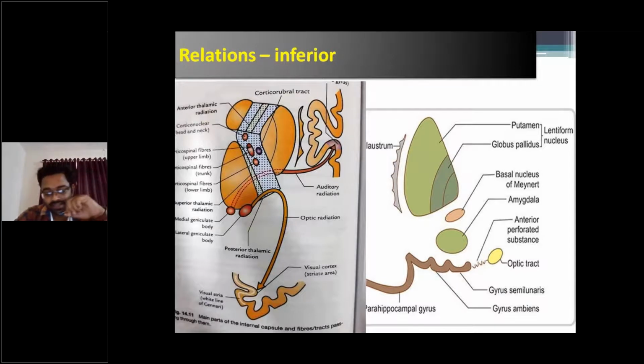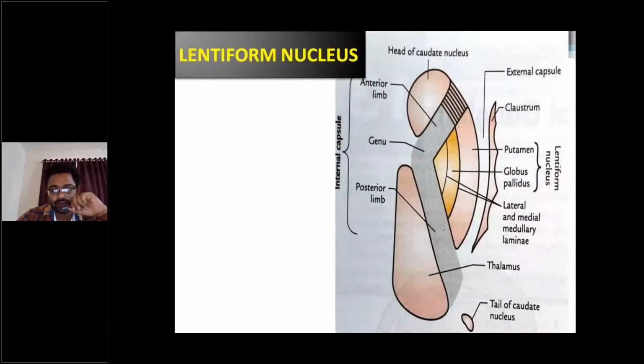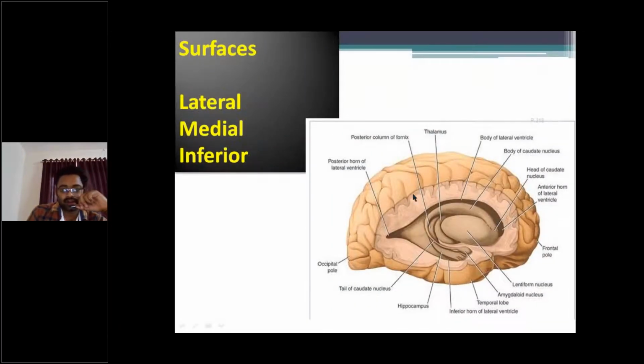Let's understand about the three surfaces and relations of the lentiform nucleus. The lentiform nucleus is a biconvex or lens-shaped mass of gray matter situated lateral to the internal capsule. It has three surfaces called lateral, medial, and inferior.